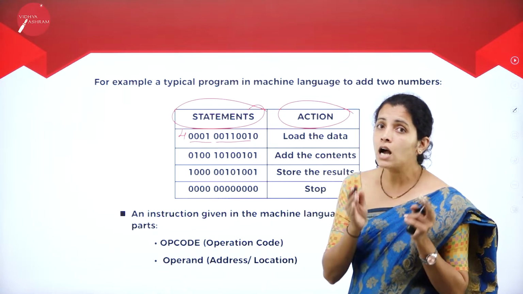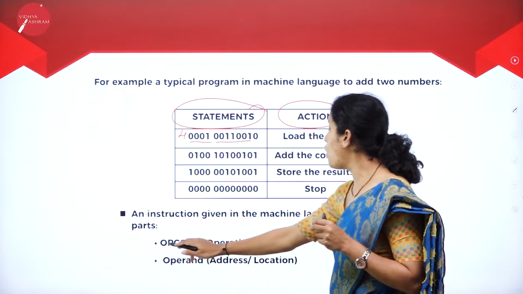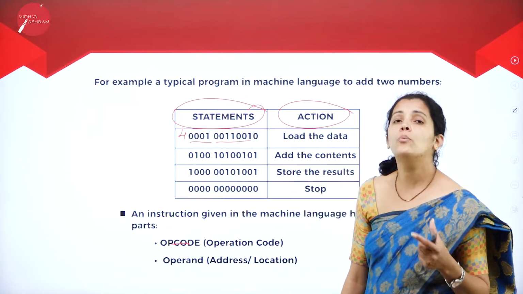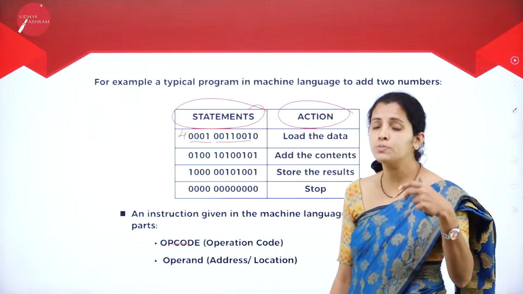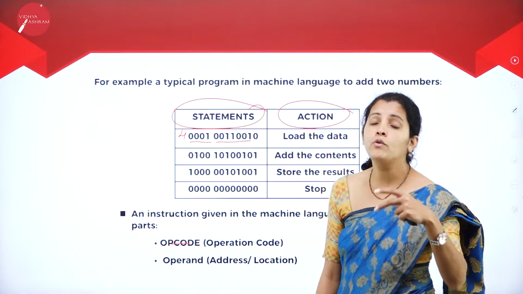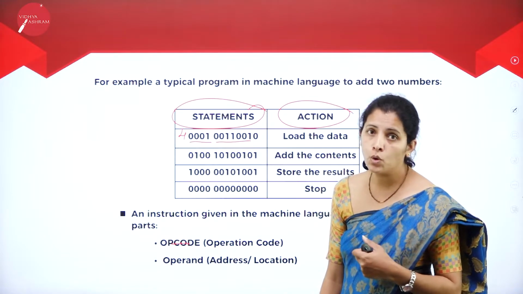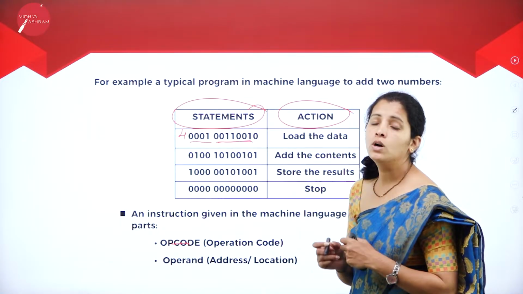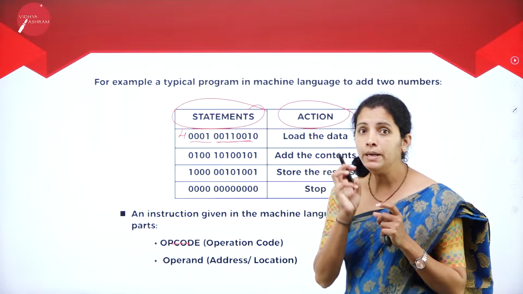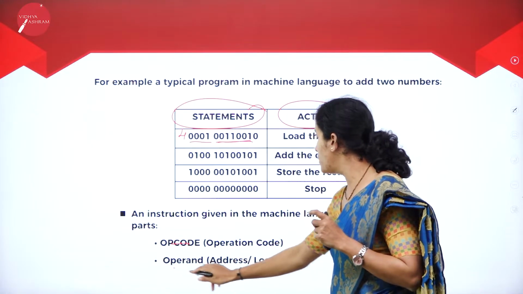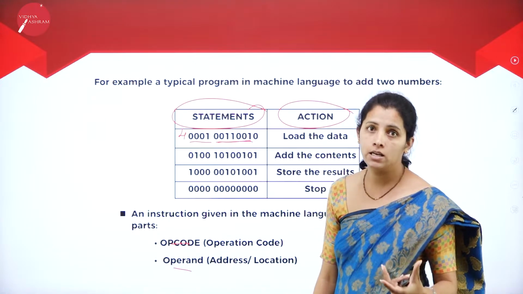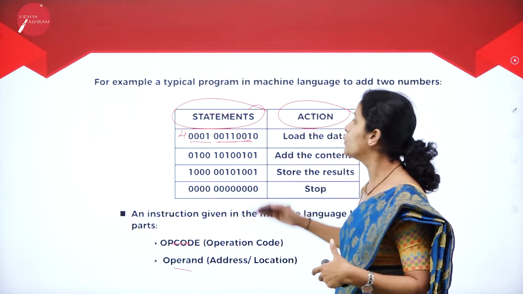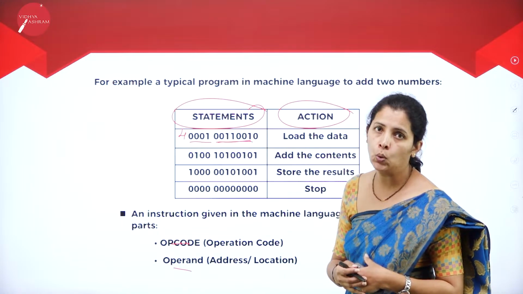The 4 bits are used to represent the opcode, that is nothing but operation code. That means I specify what kind of operation the computer wants to perform. And the 8 bits represent the operand, that is nothing but the address or location where the data are stored.